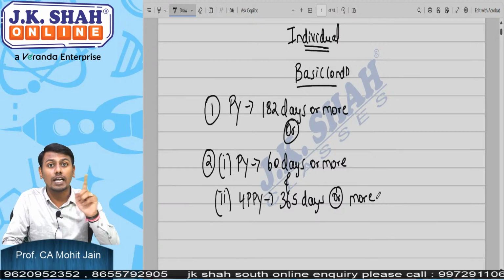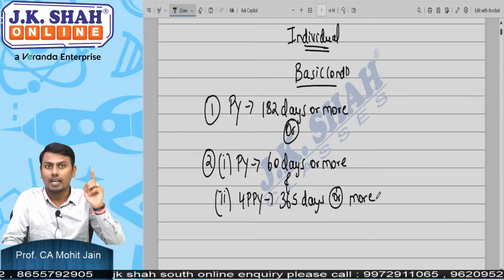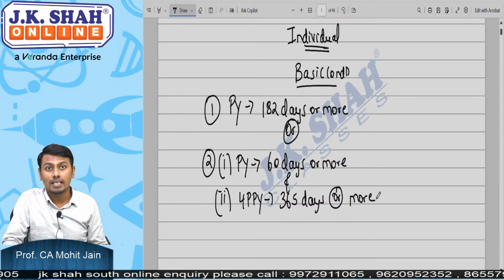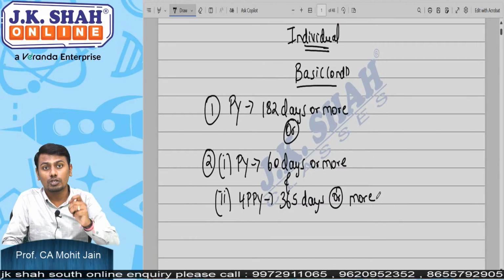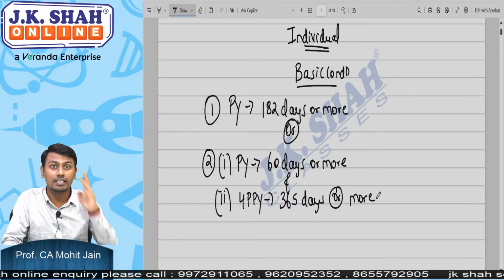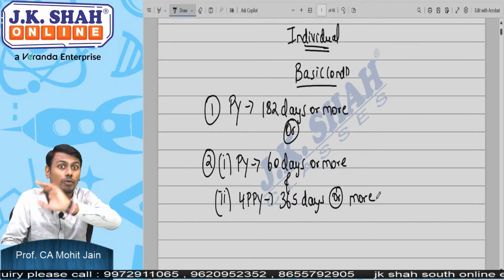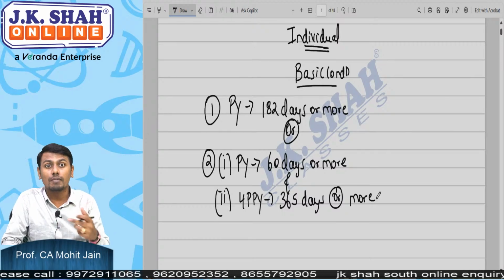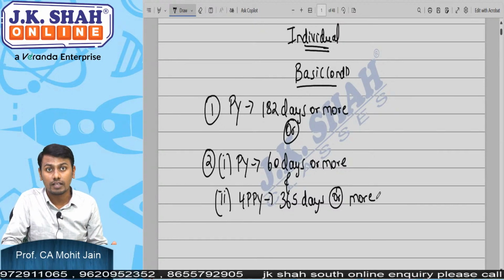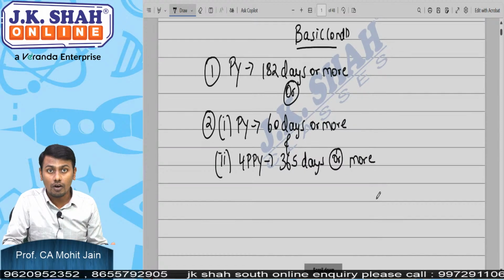If you do not satisfy both the basic conditions, then only you will become a non-resident. But can you tell me one thing: once you become a resident of India, will the story stop? We had learnt in our last lecture, lecture number 3. No. Once you become a resident, we have to check further which kind of resident you are, whether ordinary resident or not ordinary resident.